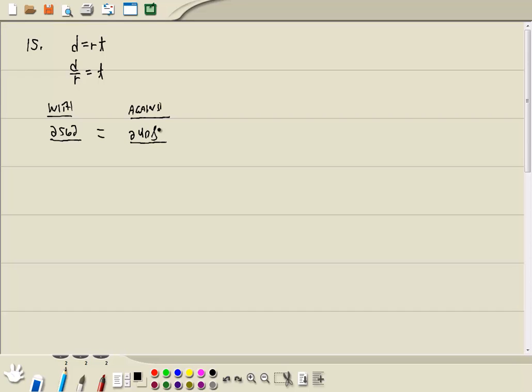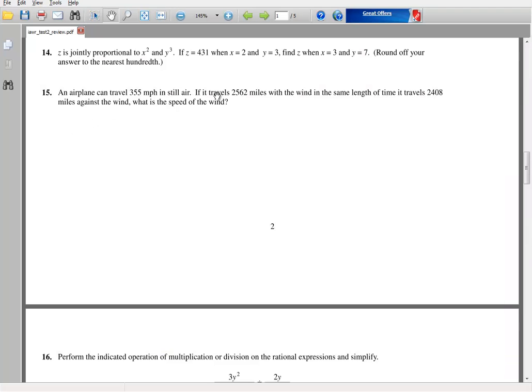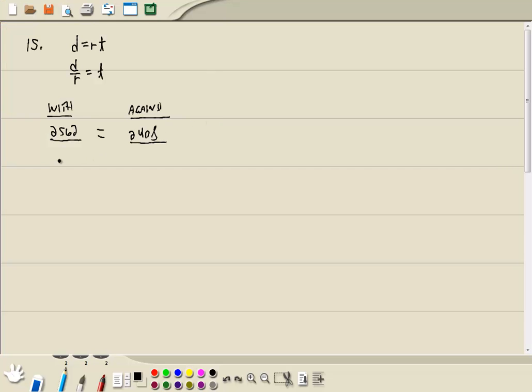Well, we got 2562 with the wind, which means I know what this is. It's 355 miles in still air. And with the wind means the wind's pushing against your back, which means you'll have 355 plus x because you're going faster. Now against the wind means the wind's blowing against you, which means you're going to have 355 minus x.